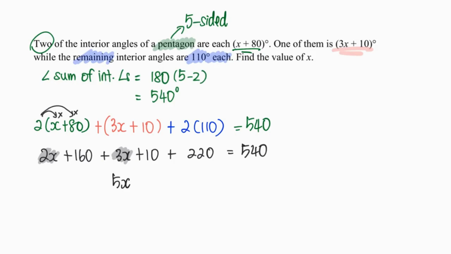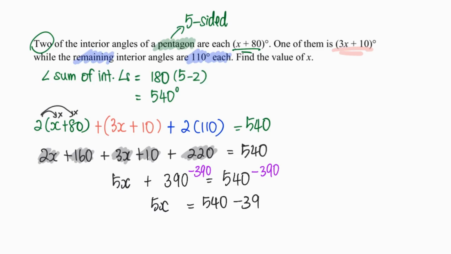Then I move on. 160 plus 10 plus 220 is 390, and therefore I'm going to minus 390 on both sides, so that you will see the next line doesn't have a 390 here anymore. So 540 minus 390 gives me 150.